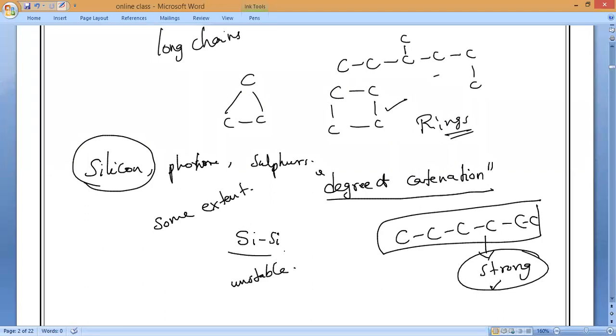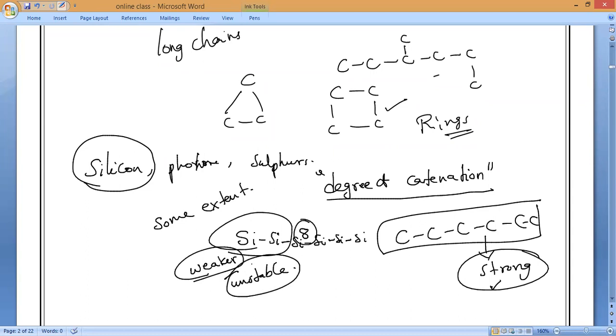That is why silicon can form a maximum of 8 branches, meaning 8 silicons can be together. After that, if 2 more silicons try to join, the chain will become weaker and will break automatically. That is why the compounds formed by silicon are weaker as well as unstable in nature. But they also show catenation to some extent. That is what we have to remember.